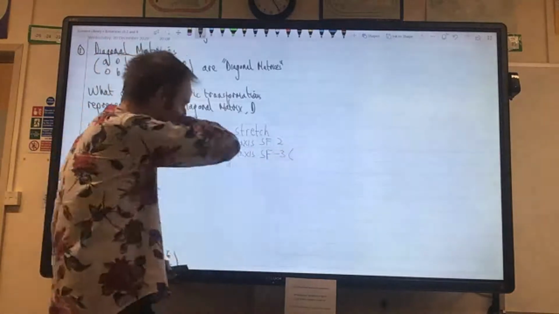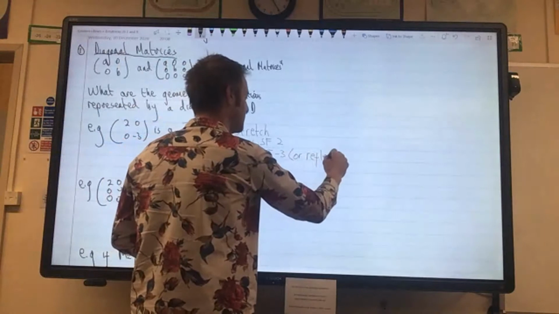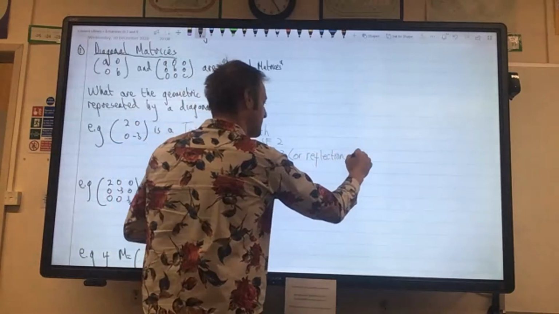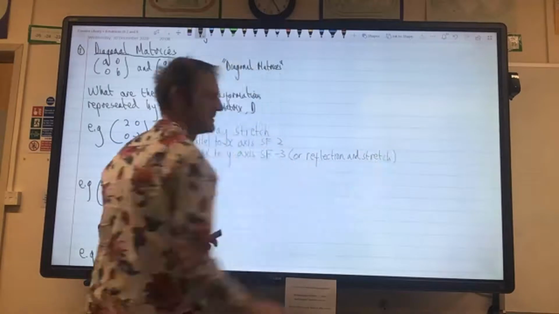But we might want to say it's a reflection in the x-axis as well. So we might want to describe it as a reflection and a stretch.